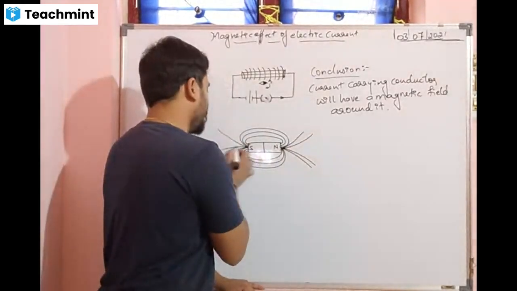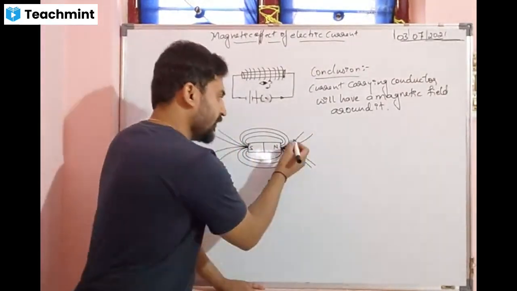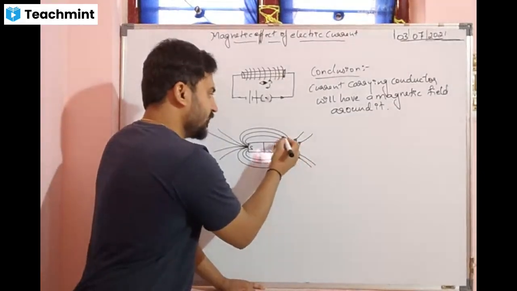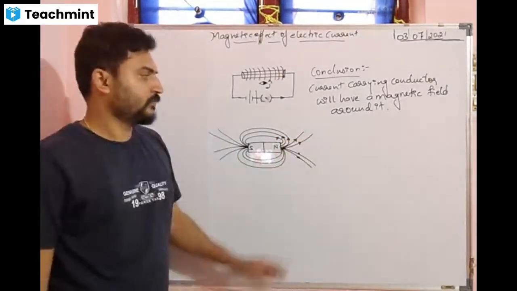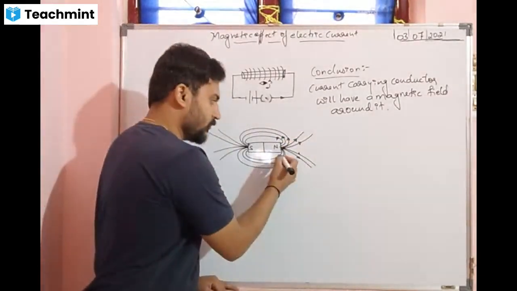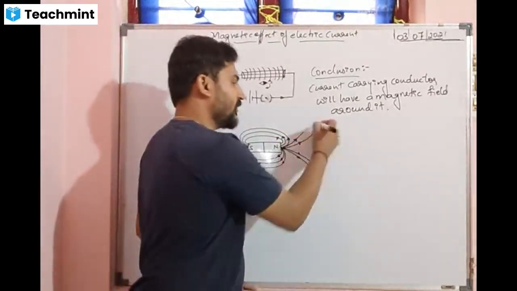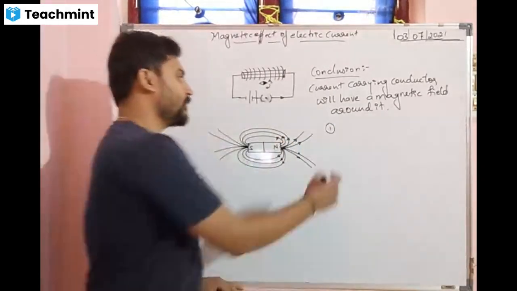And every field line will have its properties. What are the properties? They start at the north pole and end at the south pole. So start at one pole, end at another pole.